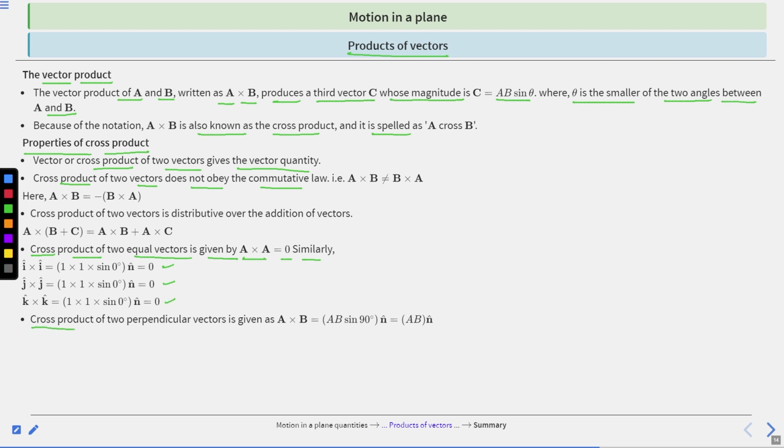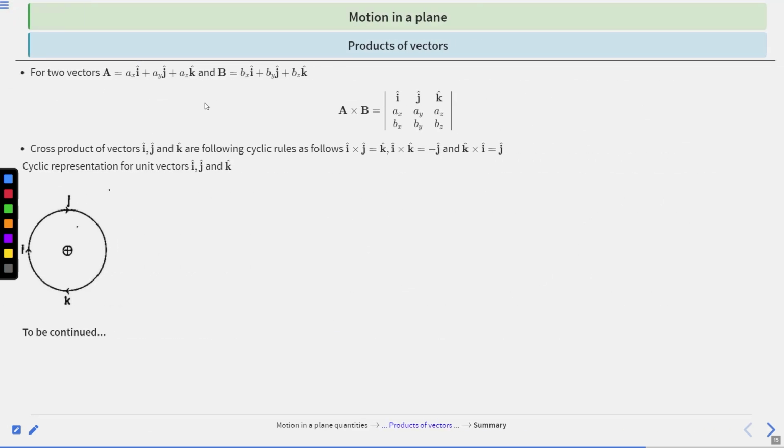The cross product of two perpendicular vectors is given as A vector cross B vector is equal to AB sine 90 degrees N cap, where N cap is the direction. That's why it becomes AB N cap. Clear? So these are the properties of cross product.